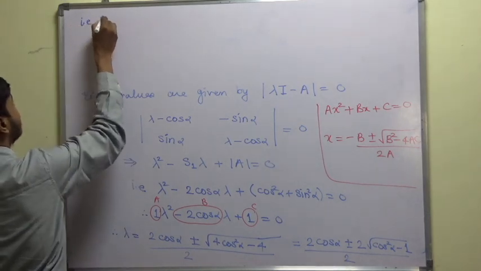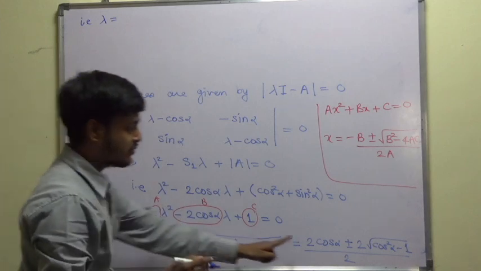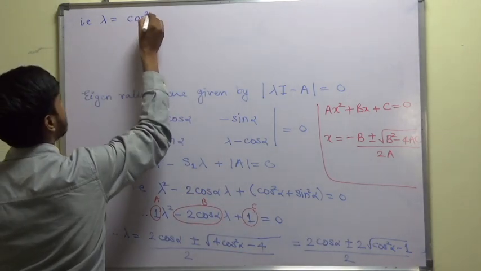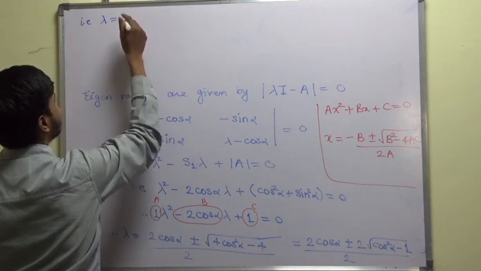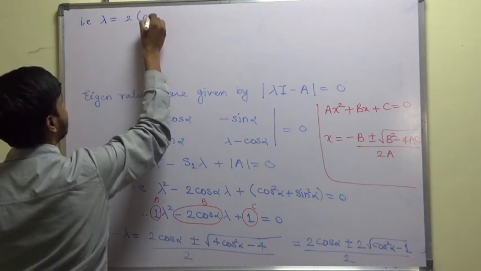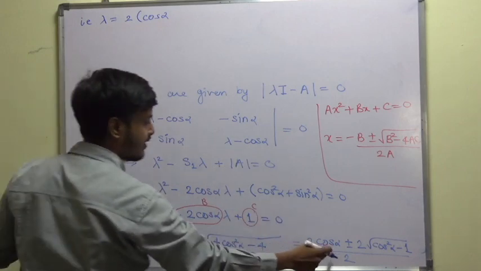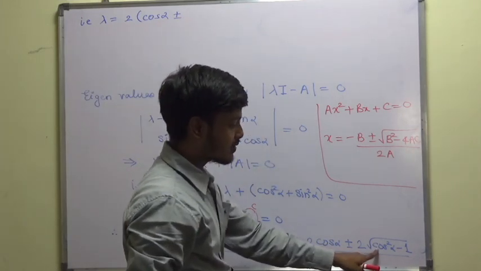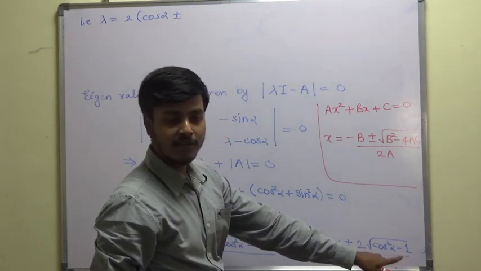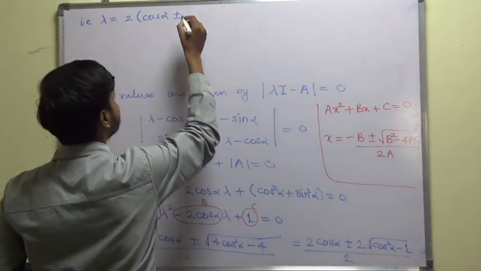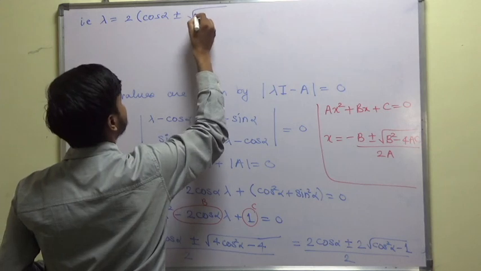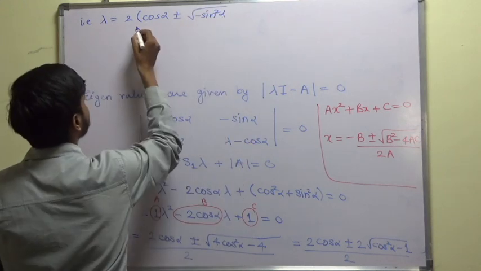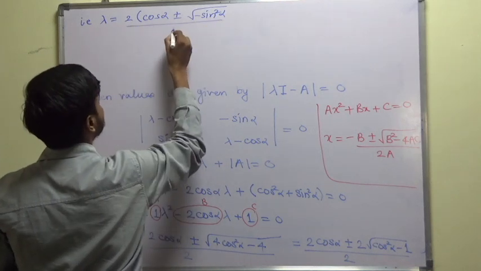So we are done with the first step, that is lambda is equal to, 2 gets cancelled. If you want, I can take 2 common, then you can write cos alpha plus minus under root of cos square alpha minus 1. Cos square alpha minus 1 is under root of minus sin square alpha, upon 2.